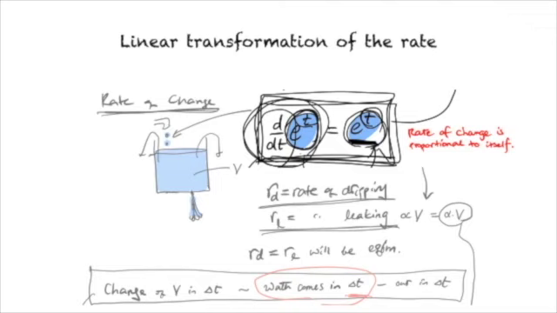And that rate becomes the original quantity that you are considering. So now, in the case we considered, we are essentially solving the equation dV/dt equals V. The rate of change of the volume of water is proportional to the volume of water itself.